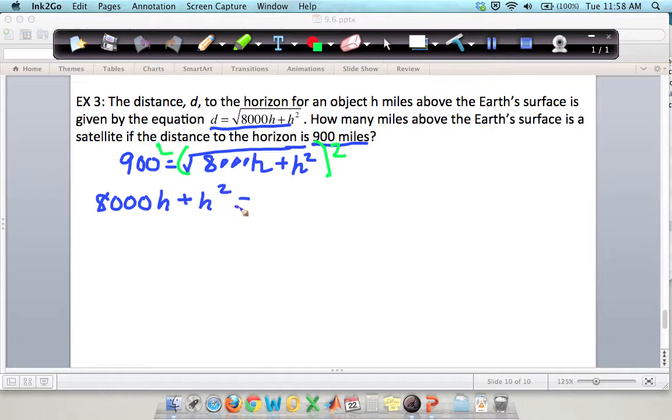Equals 900 squared, which gives you 810,000. Okay, this is a quadratic. I have an h squared and an h, so I want to set this equal to 0. So I'm going to move the 810,000 over to the other side, make it negative, and write it in descending order. So I'm going to write the h squared, then the 8,000h, then the negative 810,000.